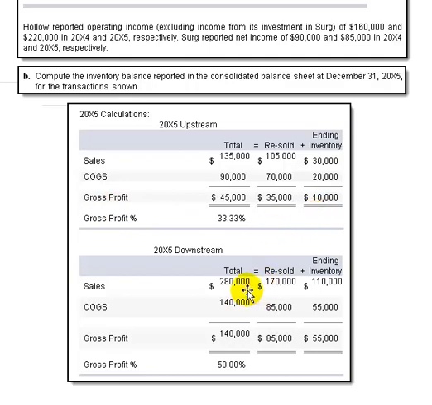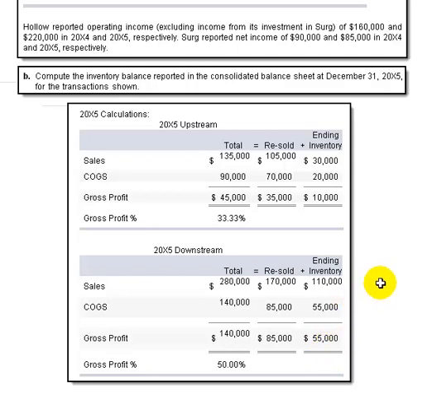Now the sale going the other direction was $280,000 with a cost of $140, so we've got a 50% markup, and $110,000 was remaining in inventory. So if we take 50% of that as its cost, then I know that $55,000 is the gross profit remaining in inventory at the end of 2005.